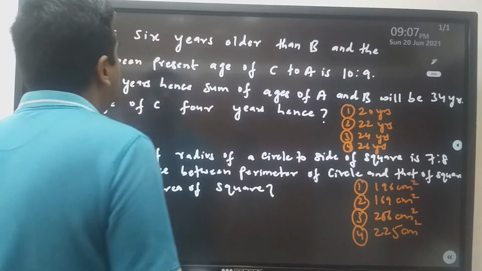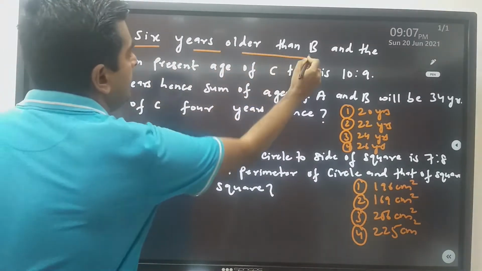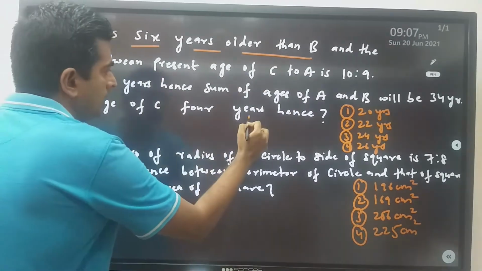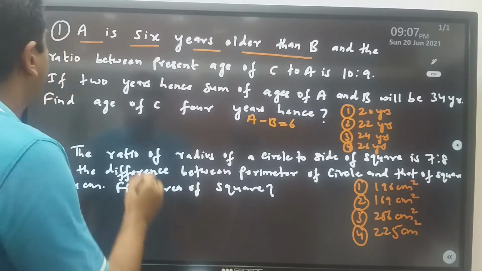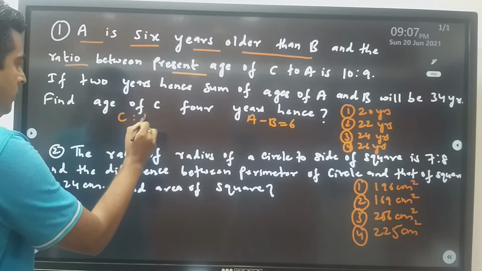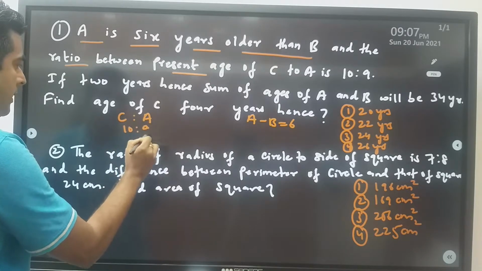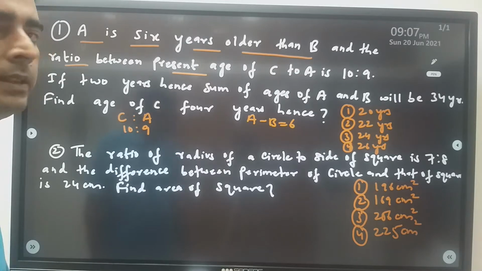So what they have given you: A is 6 years older than B. That means A minus B is equal to 6. And the ratio between the ages of C to A is 10:9. If 2 years hence, the sum of the ages of A and B will be 34 years.